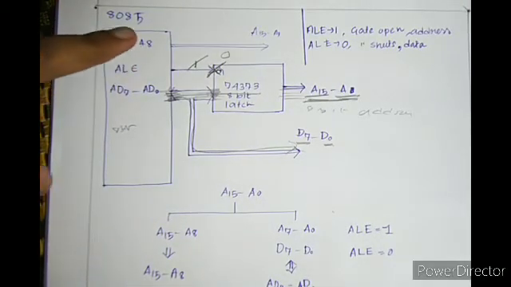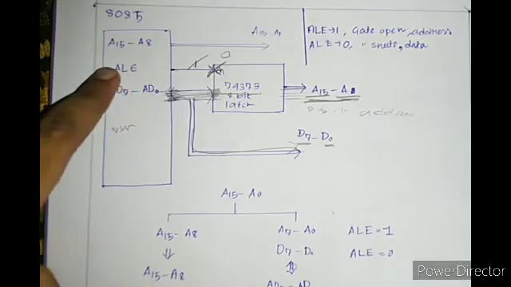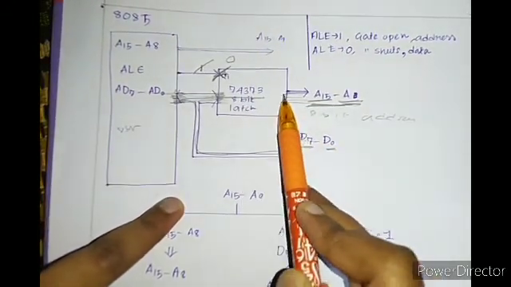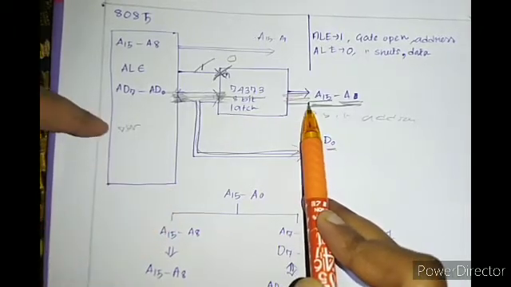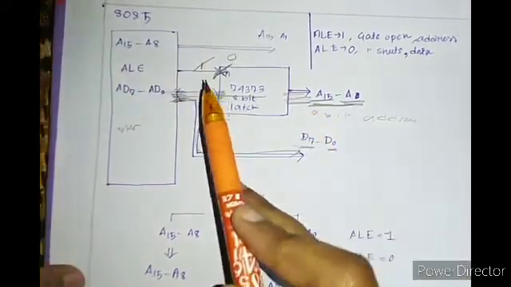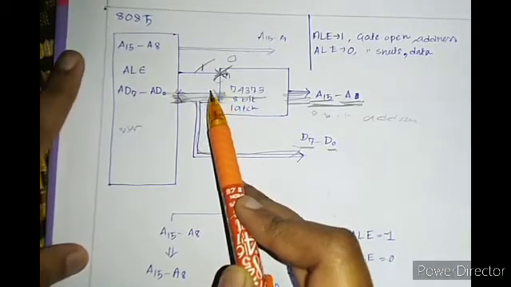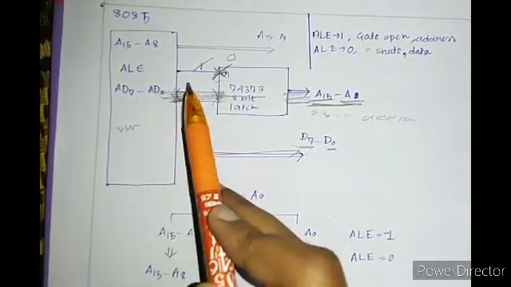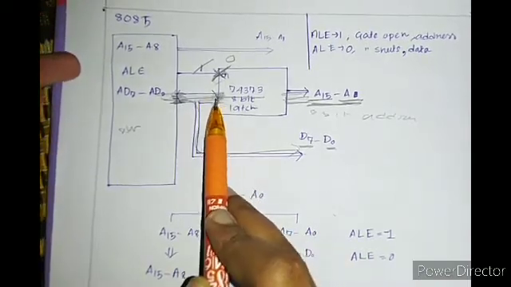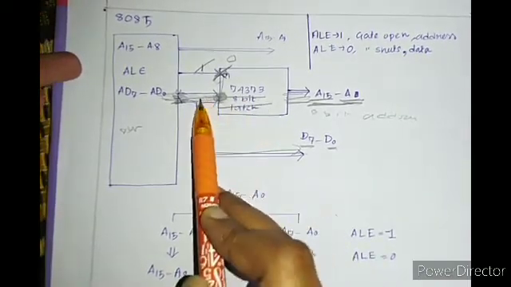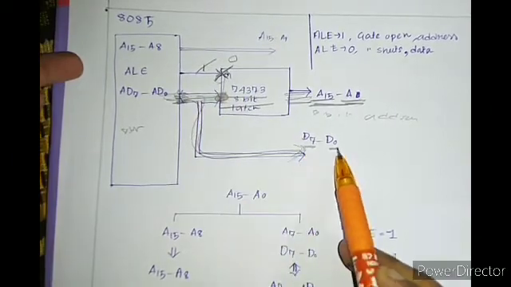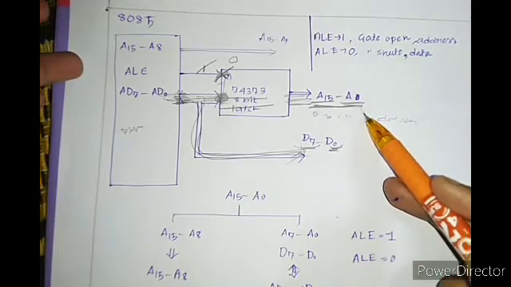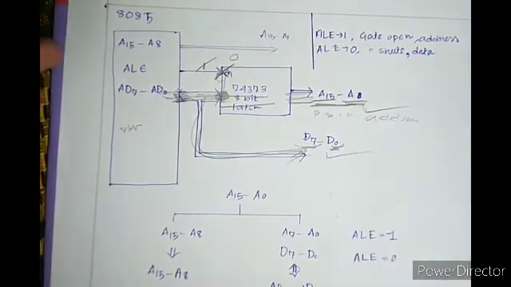ALE is 1, gate is opened. I get my address and it is stored in the latch, so now it will just produce the address. Then my ALE goes low, this gate is now closed. Whatever 8-bit is coming can't enter this latch, so it will just come out as D0 to D7. So I'm getting my address also, I'm getting my data also.